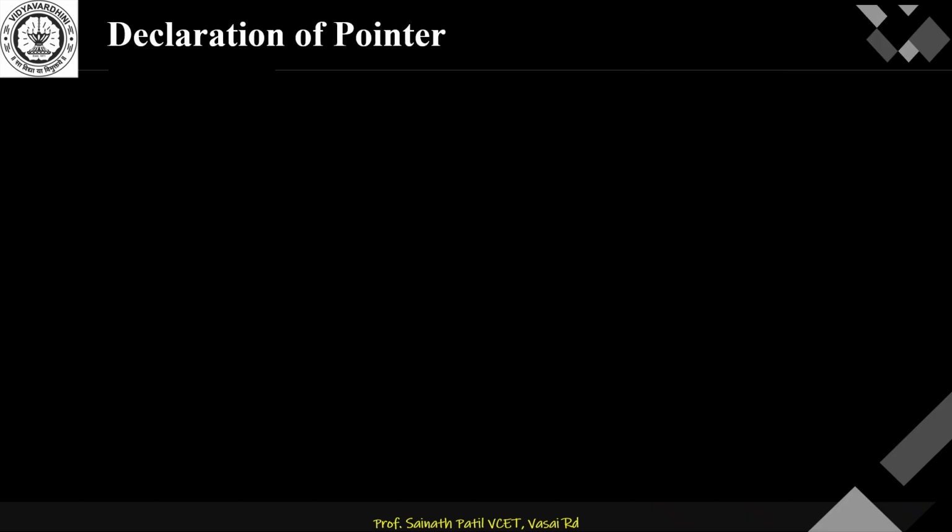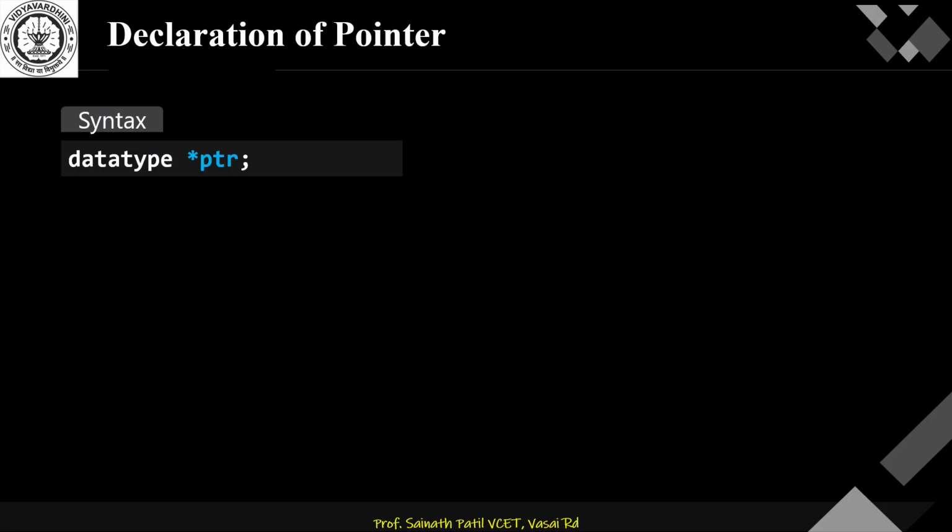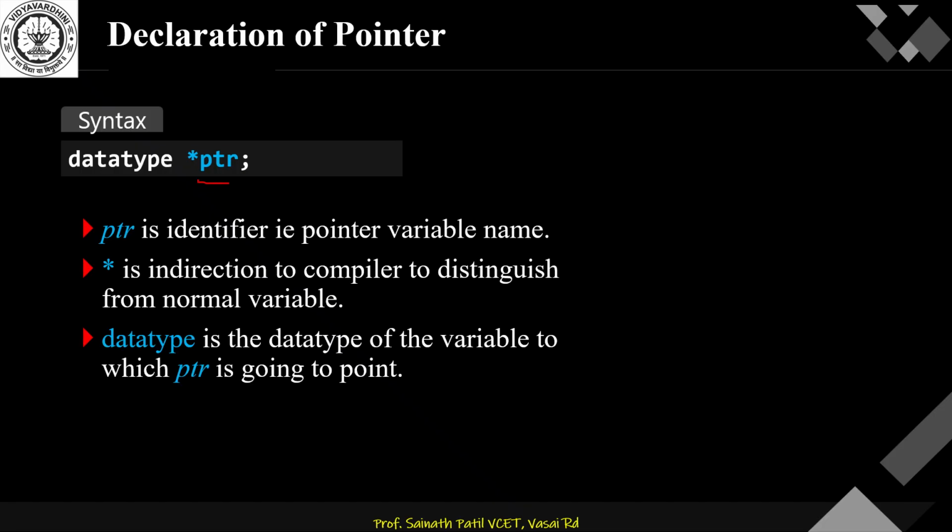Declaration of a pointer. When we want to use a pointer in our program, like a normal variable, we have to declare it. The syntax of pointer variable declaration is: data type, star, PTR. Here PTR is the identifier, the name given by the user to the pointer variable. Important here is the star. The star is the indication to the compiler that PTR is not a normal variable, it is a pointer variable.